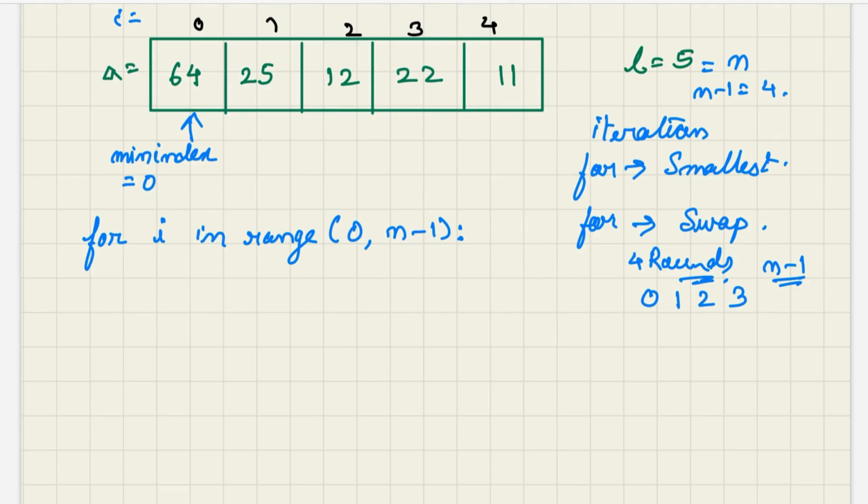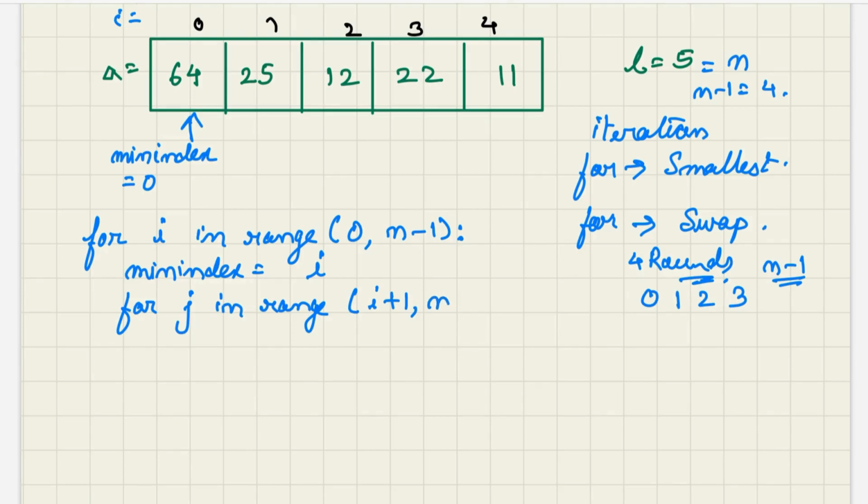Now, the minimum index we have assumed as i. Inside this, we have to check what is our smallest element. So I will take another loop, for j in range, what should the range be? i plus 1 till n.